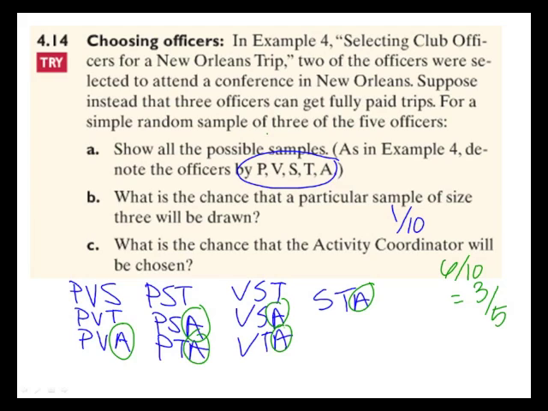Well, they're selecting 3 of 5 officers, right? Oh. Yes, that's 3 of 5 for the activity coordinator. No, that's fine. There are multiple ways to do these problems. That's the most easily observed, I guess, because we've just done it.